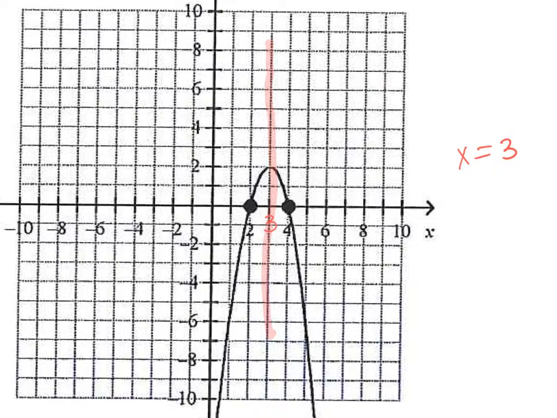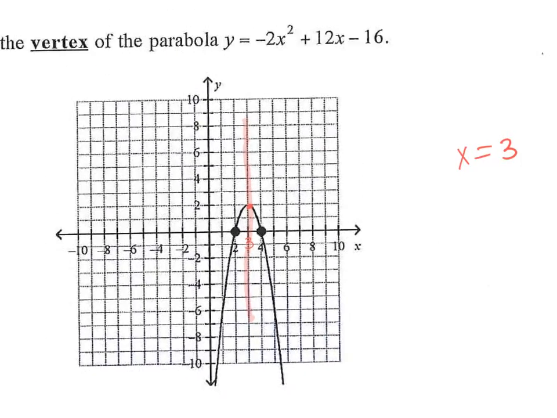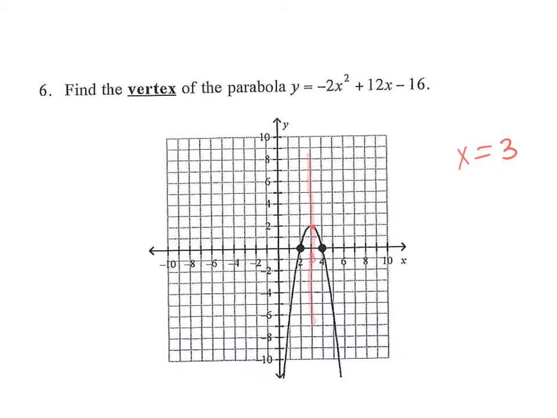They're asking for the vertex. Well, the vertex of my parabola is located at, in this case, the highest point, which is 3, 2. No need to have to do algebra if you could see it as it is. The vertex is 3, 2.